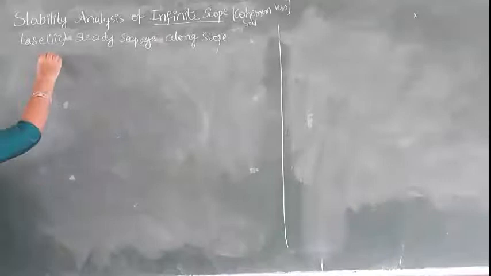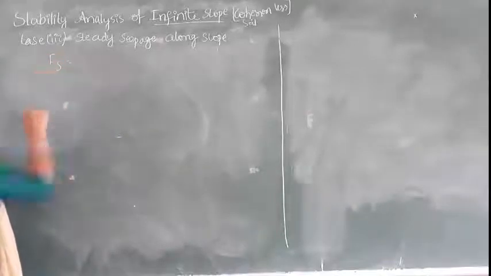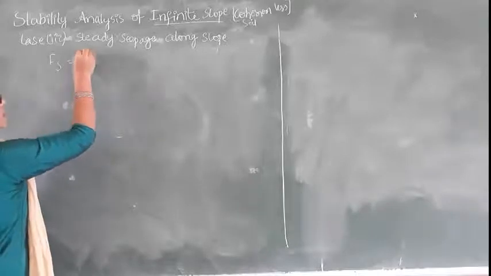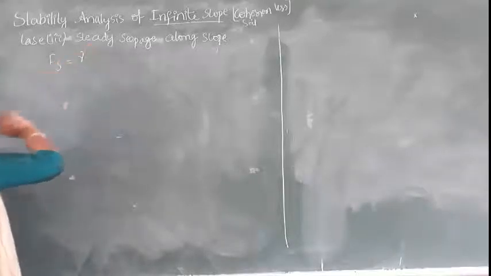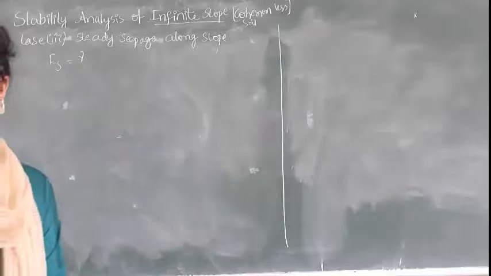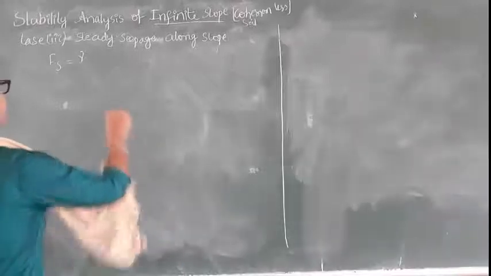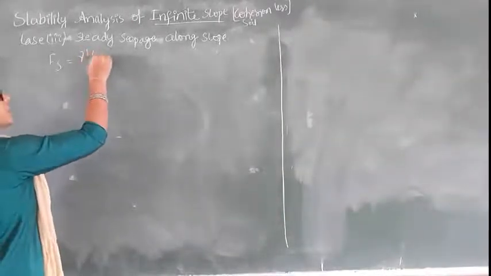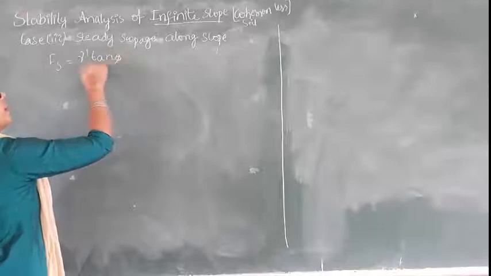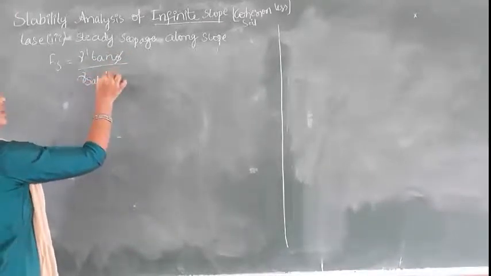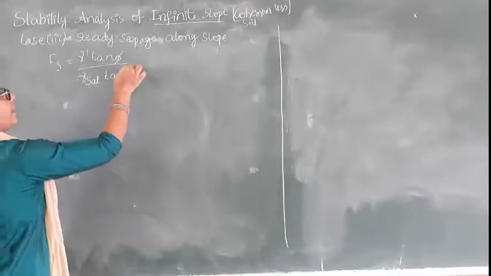So what is the factor of safety here? Fs is equal to, right? Factor of safety is equal to gamma dash tan phi by gamma sat tan i, right?